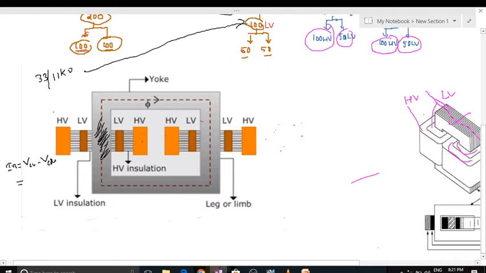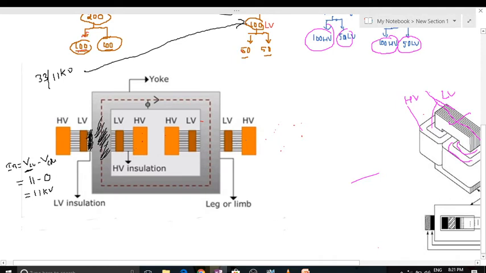So I assumed LV as 11 kV, so the LV voltage is 11 kV minus the voltage of the core. The voltage of the core is 0. We are not applying any voltage to the core directly, so 0 volts, and the total will be 11 kV. So 11 kV insulation we should place between LV and core.